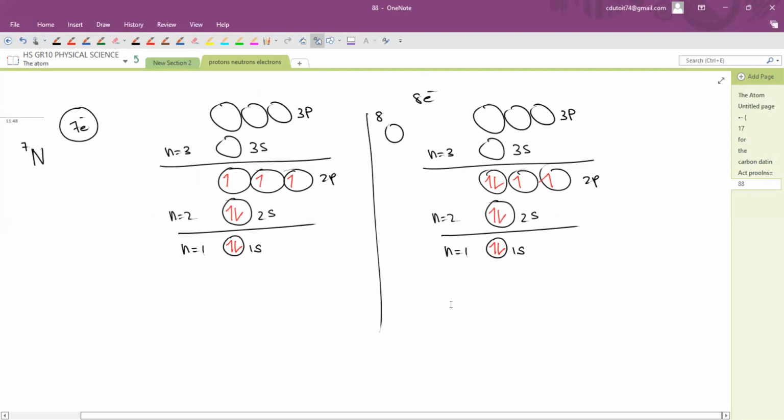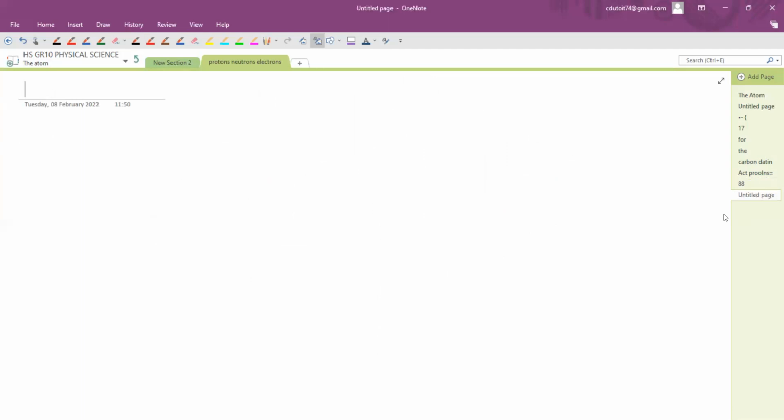Okay, try and do the following one on your own. Go to the periodic table and fill in sulfur. Go and look in what period it is. It's period 3, so you're going to have 3 energy fields.